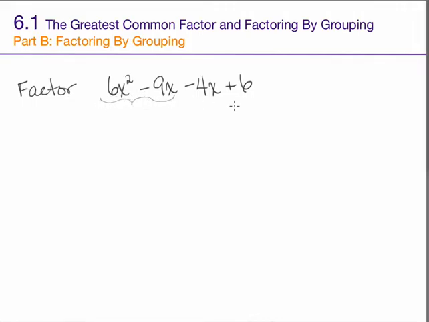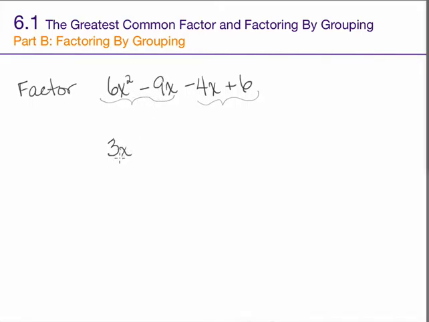I know that I need to take the first two terms and the second two terms. I need to factor the greatest common factor out of these two terms, and then the greatest common factor out of these two terms. What's common to both 6x squared and 9x? Well, what's common to both 6 and 9? That's 3. What's common to both x squared and x?